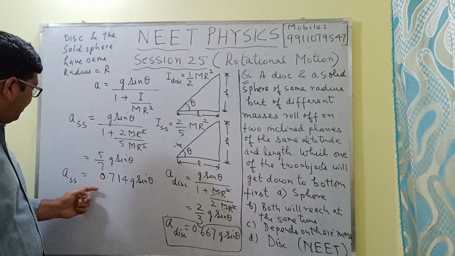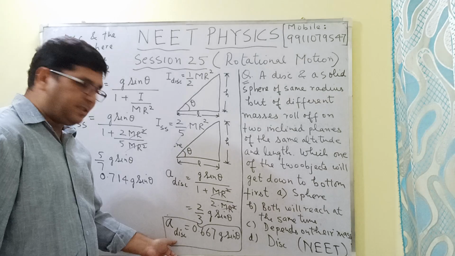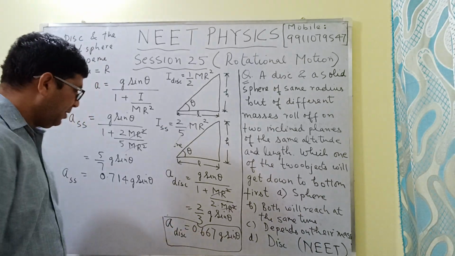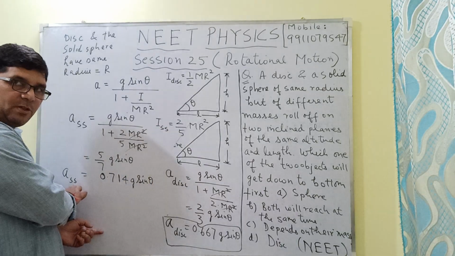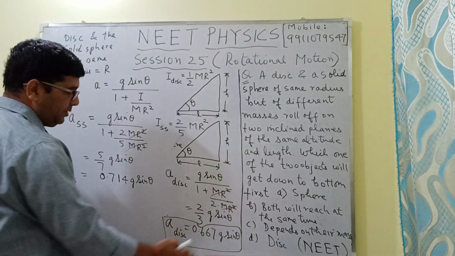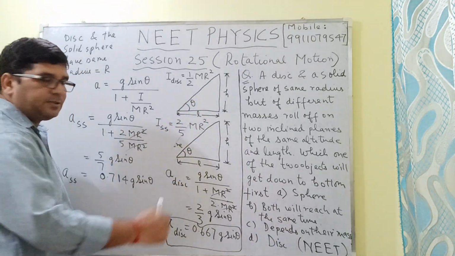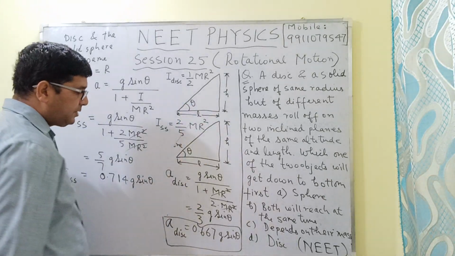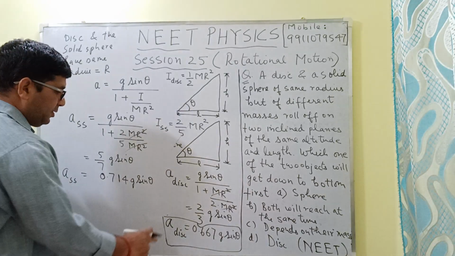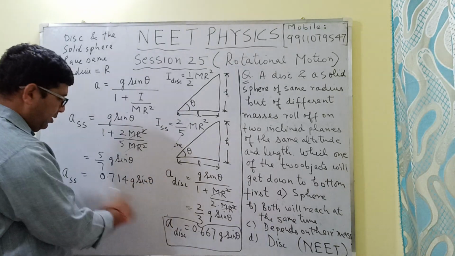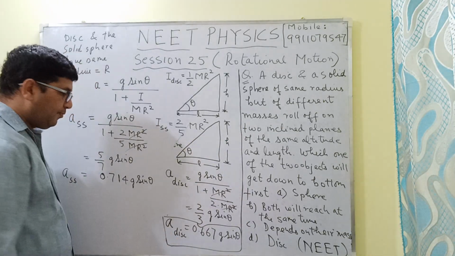The acceleration of the solid sphere is equal to 0.714 g sin theta, and the acceleration of the disk is 0.667 g sin theta. Now g sin theta is the same for the solid sphere and for the disk, because theta is the same in both cases. That is, the angle of inclination of both these two planes is equal. So g sin theta will be the same for this solid sphere and for the disk also.